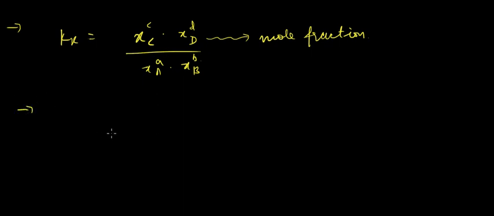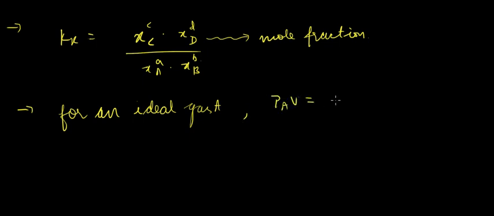Okay, so now for an ideal gas A, we can write that PAV equals nRT. And PA is nothing but moles of A divided by V, into RT, just rearranging the above equation.